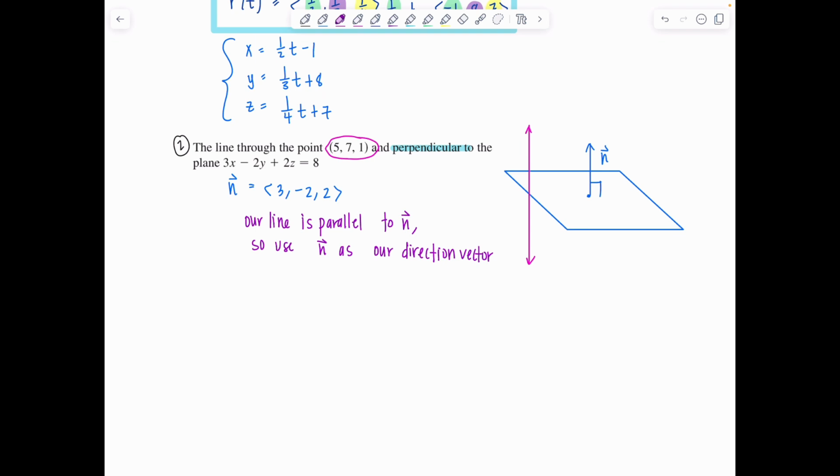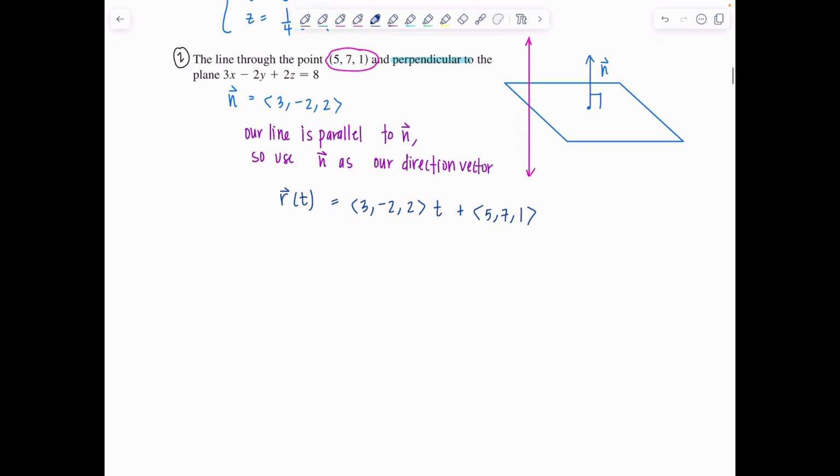So I'll again write out the vector equation. r(t) equals n, in this case, so ⟨3, -2, 2⟩ times t plus ⟨5, 7, 1⟩, the point that the line goes through. That's the vector equation. Then the parametric equations, we're going to have one for x, one for y, one for z.